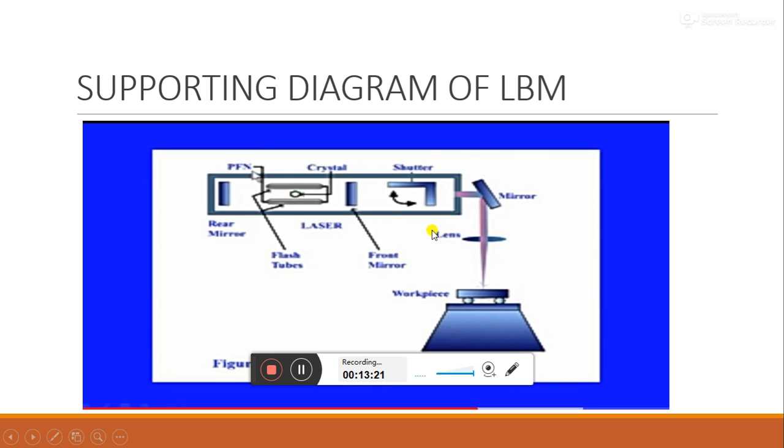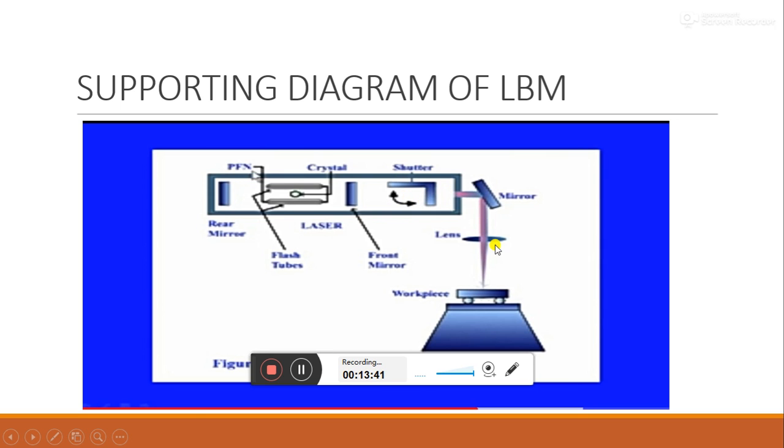Now the partially reflective end is the other side. This side is called the partially reflective end, and through this side the laser beam is taken out, and the beam intensity can be controlled by a certain mechanism.